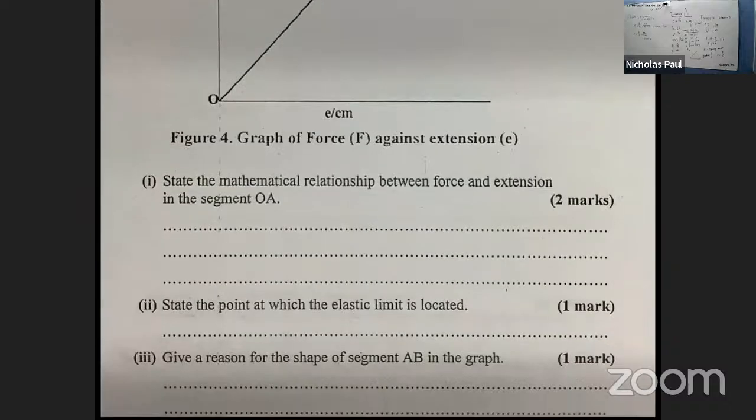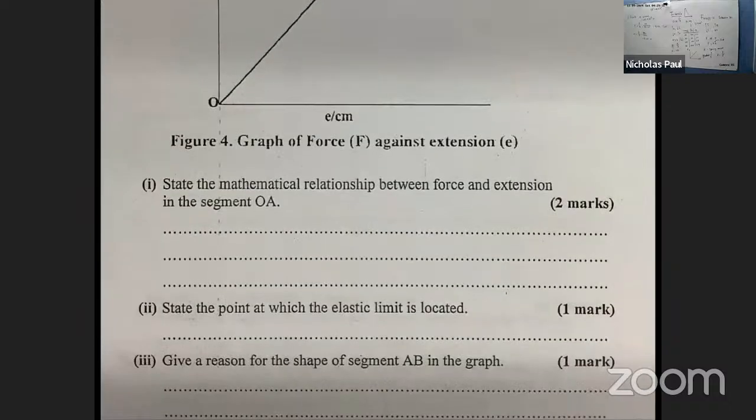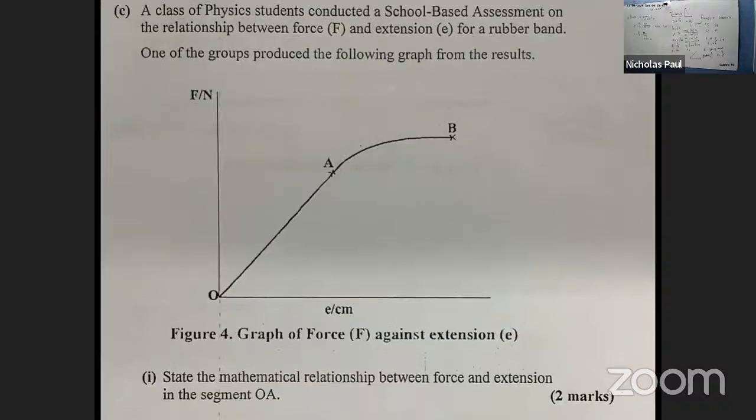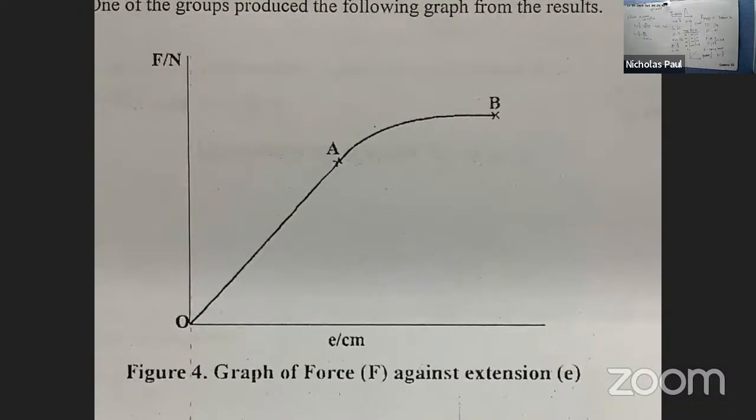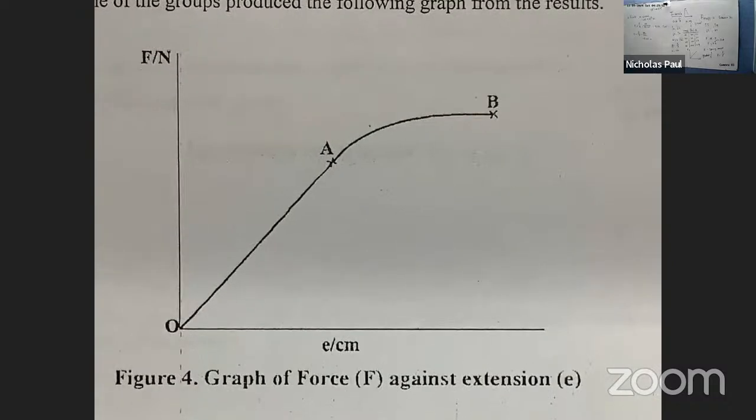Next part, three. State a reason for the shape of the segment AB. Right, next to Sheila. What's the name again? Austin. Sterling. As well as Sterling. Why did AB happen? Stretch across its point of extension. Okay. Nice. That can work.